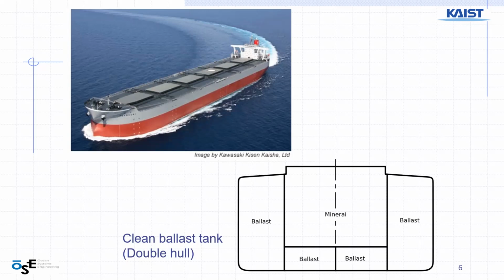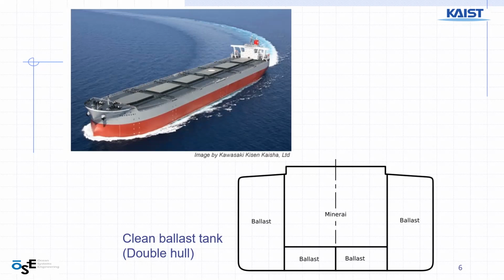But now he is saying clean ballast tank means, in the old days, if you don't have such a double skin, then there is only one skin, the outside skin. It means the cargo tank is used for holding ballast water.